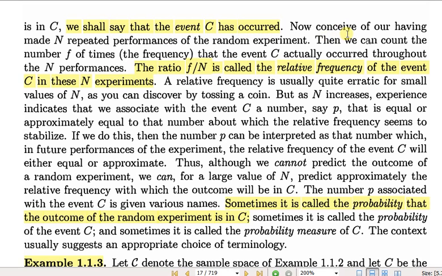Now consider our having made n repeated performances of the random experiment. The ratio of f per n is called the relative frequency of the event C in these n experiments.